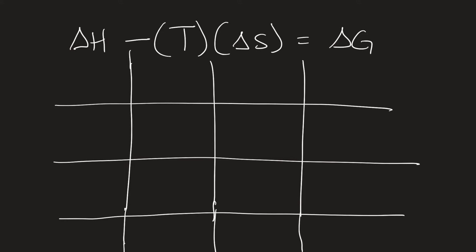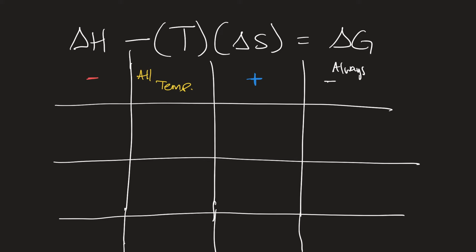If both delta H and delta S are favorable, meaning delta H is negative and delta S is positive, delta G will always be negative, and this takes place at all temperatures. It doesn't matter what temperature this process is at.